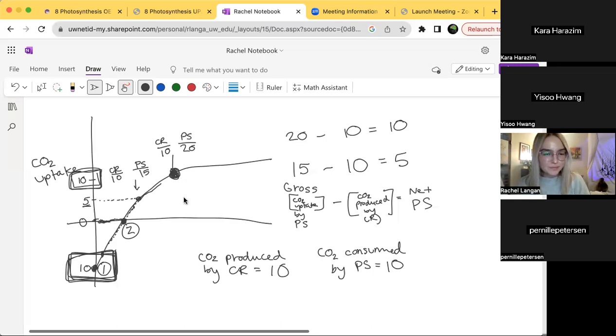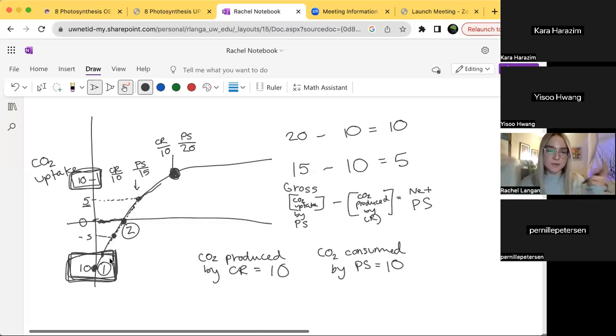Okay. And could you go over how this is related to carbon fixation and CO2 uptake?